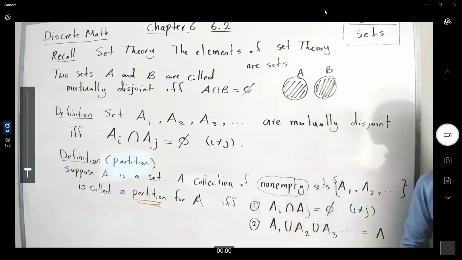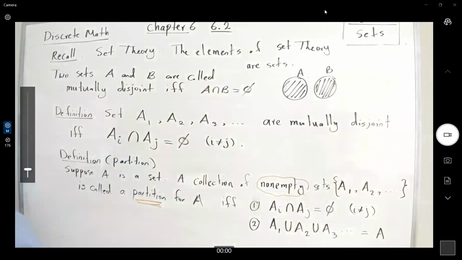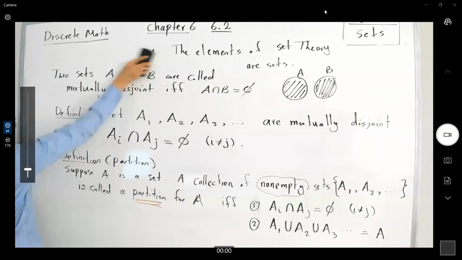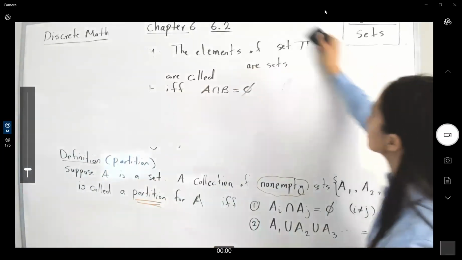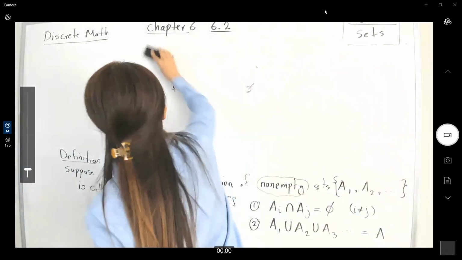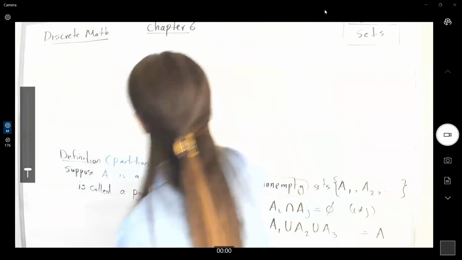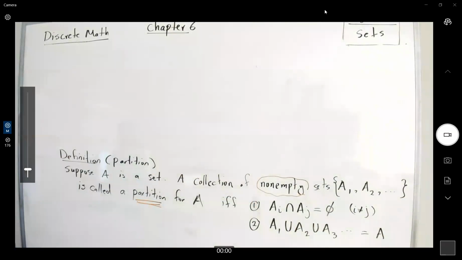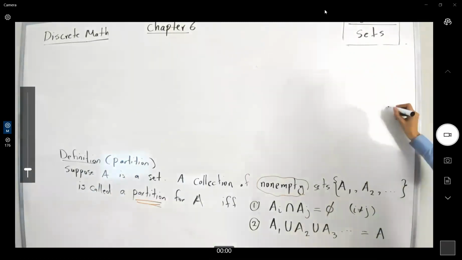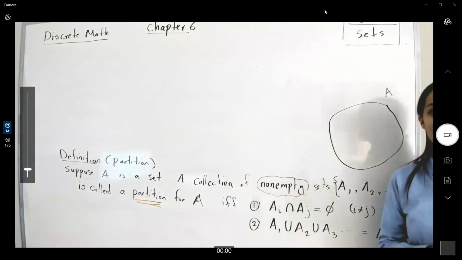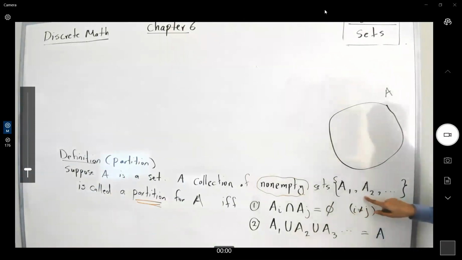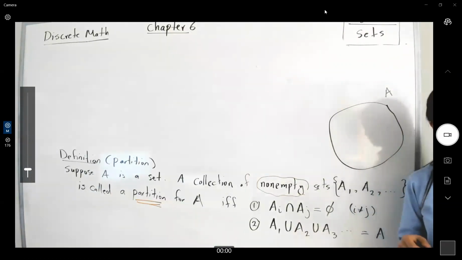So how do we visualize that? Let us give an example. Suppose you have a large set, like set A. You're dividing this set into smaller sets that have no intersection.